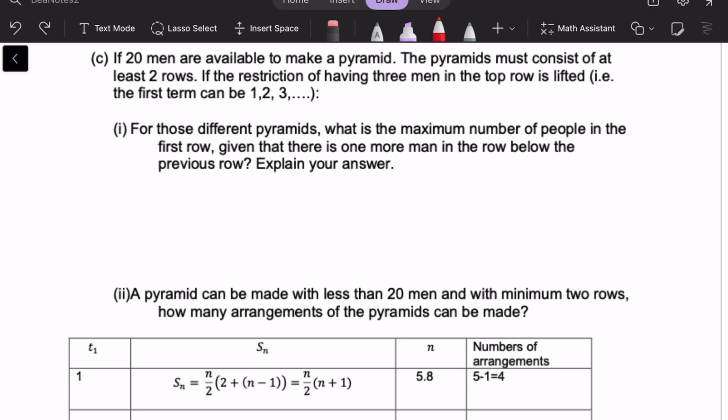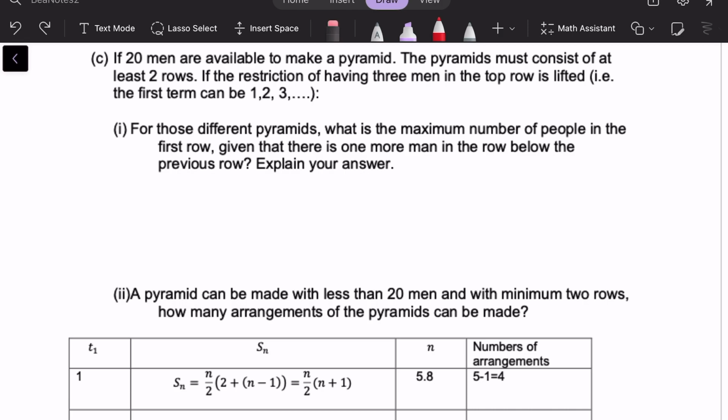For C1, we're told that we have 20 men who want to make a pyramid, and it has to have at least 2 rows, and you don't have to have 3 men in the top row necessarily anymore. What is the maximum number of people that you can put on the first row, following the rule of every row having a difference of 1 man?